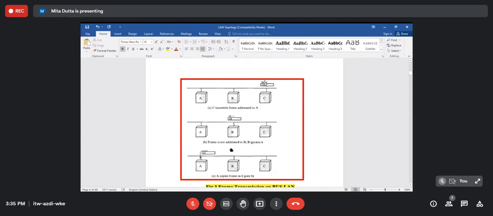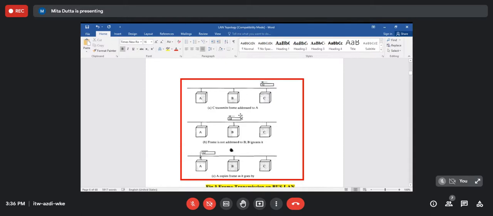But B then tests the data packet in such a way that it will neglect that information by seeing the address mentioned on the data packet. Here the address of A is mentioned.